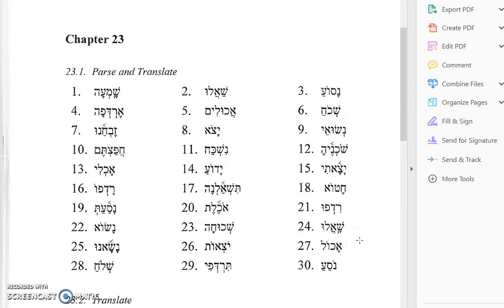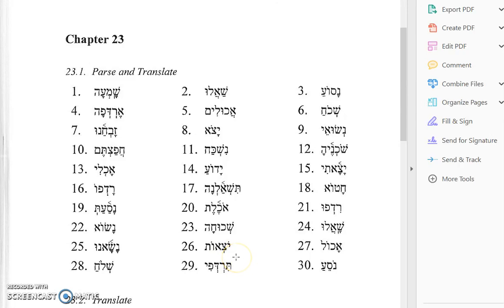And then shaalu is from shaal, to ask, and it's a Qal perfect third common plural, they asked. And then nasanu would be a Qal perfect first common plural, we carried, we lifted.